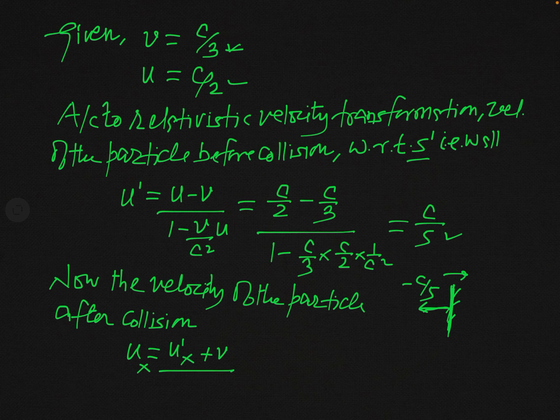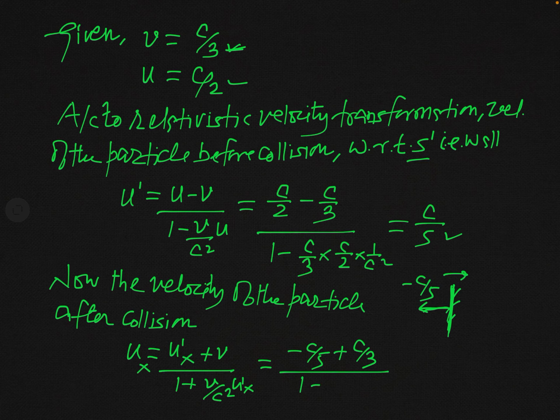plus v over 1 plus v by c square into u prime x. Now let us substitute the values of all these things, and this u prime x is now minus c by 5. So this will be minus c by 5 plus v, and you know this v is c by 3, divided by 1.